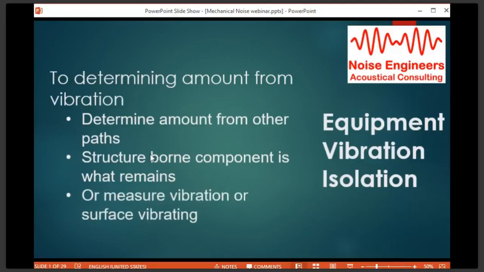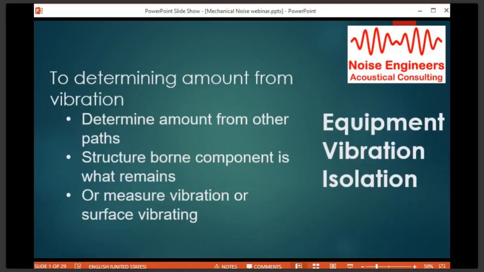We also do predictions of structure-borne noise for new builds. We look at the stud or roof structure, the spacing of the joists, the stiffness of the roof system, and the construction, to see what kind of vibration isolation is needed for the units, and how much.